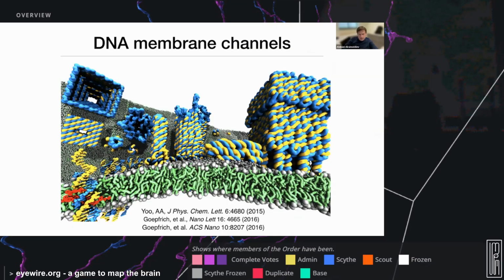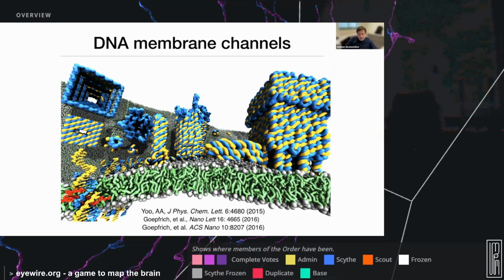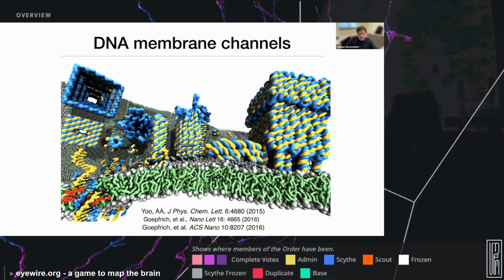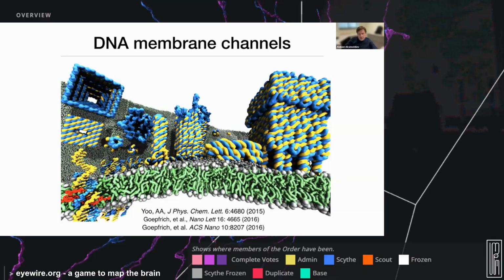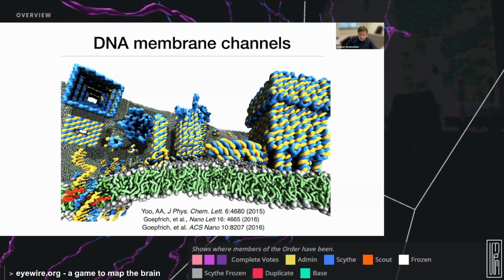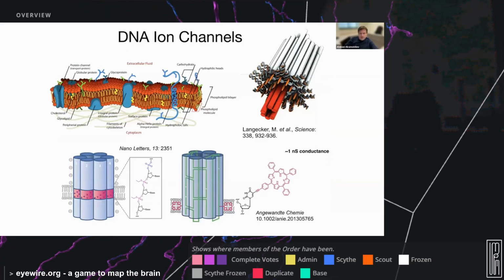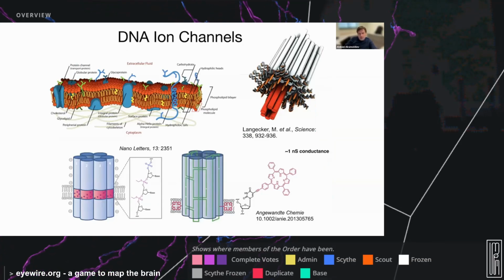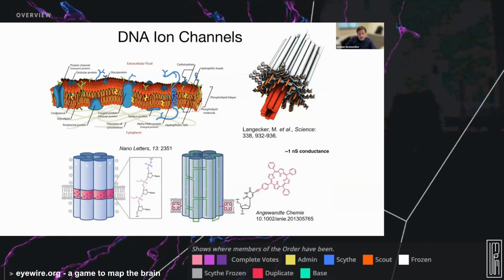So my journey into the DNA origami field started with a quest to build membrane pores out of DNA. And our original motivation was to use it for all kinds of sensing and sequencing applications. But it turned out that they are actually of interest in themselves. So a cell membrane is full of all kinds of membrane-bound entities.